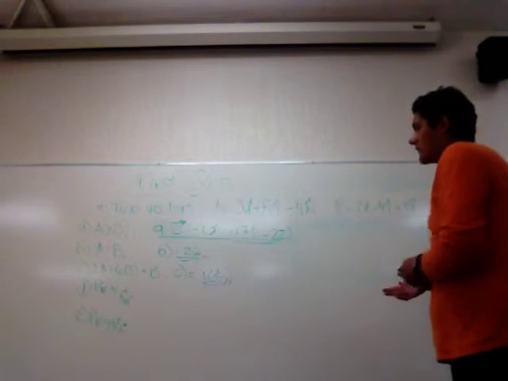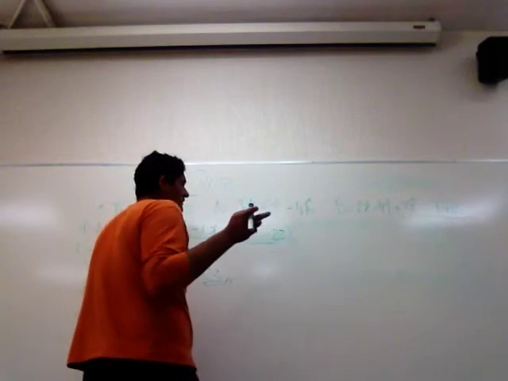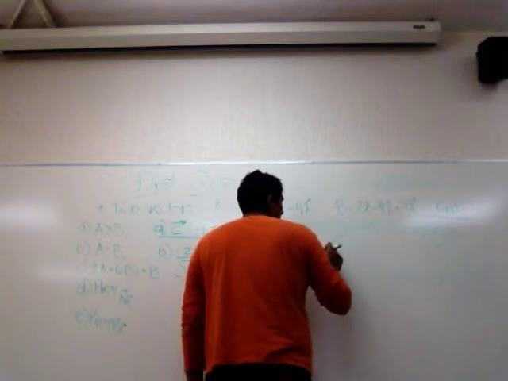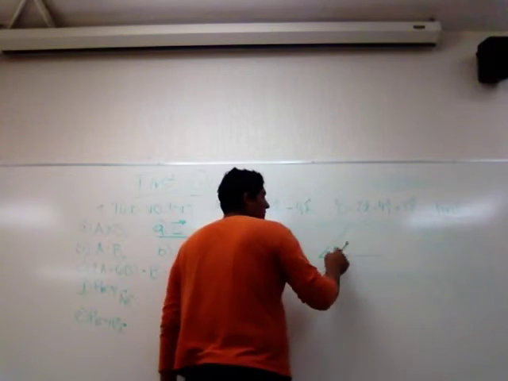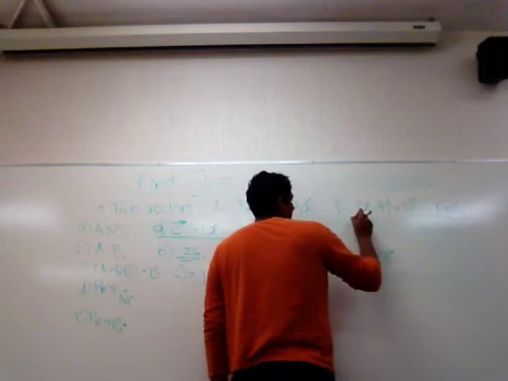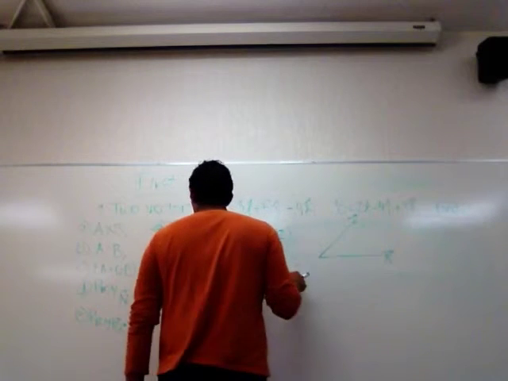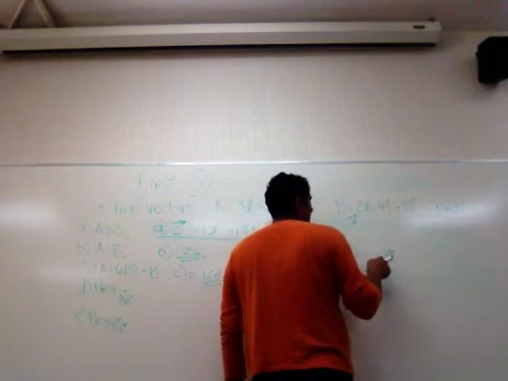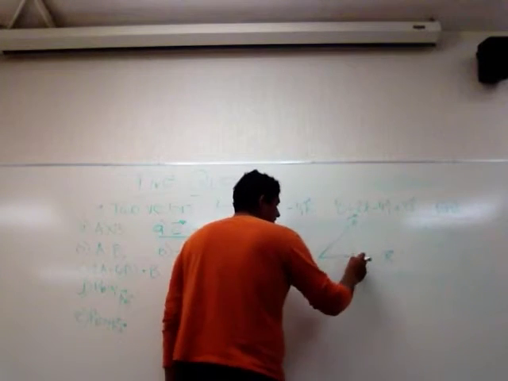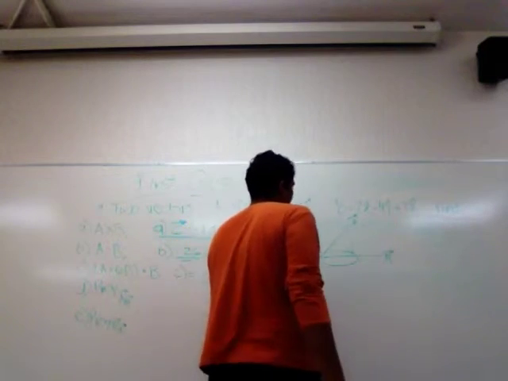And finally, we're going to take the projection of A in B. This is explained here by two vectors, and this is B, and this is A. Vector A and vector B. So, if we need the projection of A in B, that is here, this is the projection, and we need to find the magnitude of this.